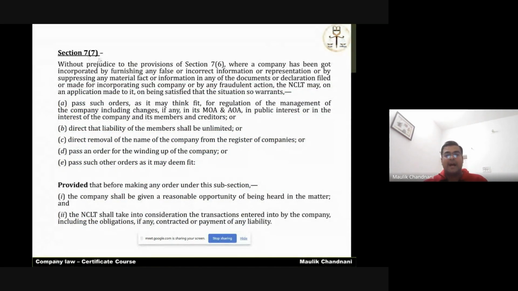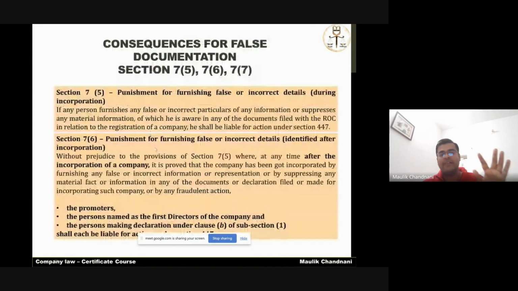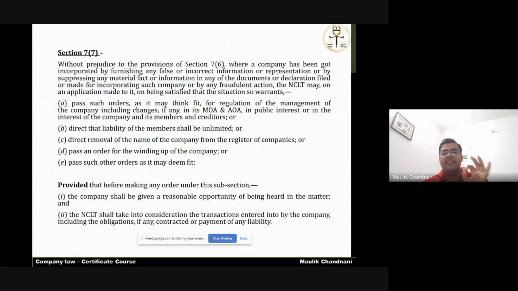Now, under subsection 7, without prejudice to whatever is written under subsection 6, if you are making a company on an incorrect statement, representing misleading facts, then the court, the NCLT, may, on an application made to it, act.